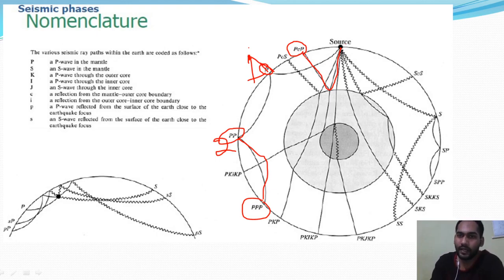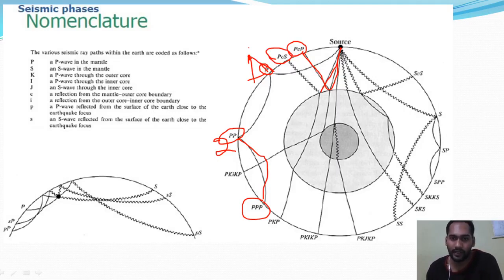Then PCP, as you know, it is traveling through the mantle as P, then small c is reflected, then came back. If it comes as P, is reflected from the mantle outer core boundary and goes as S, it is converted to S, which is traveling through the mantle.